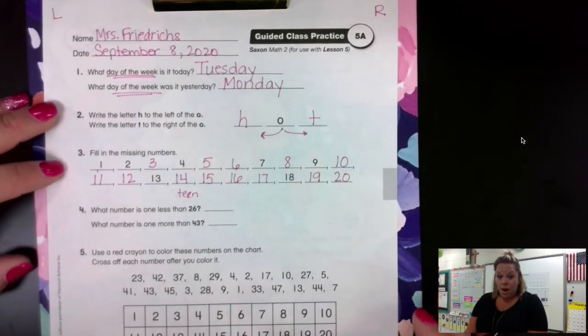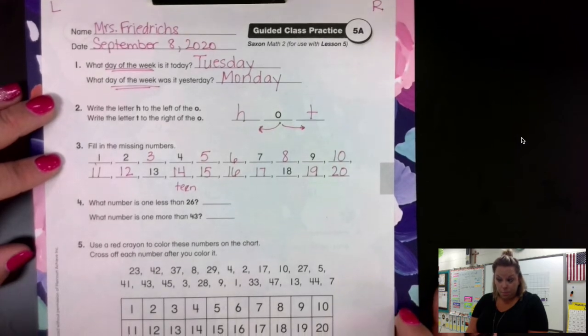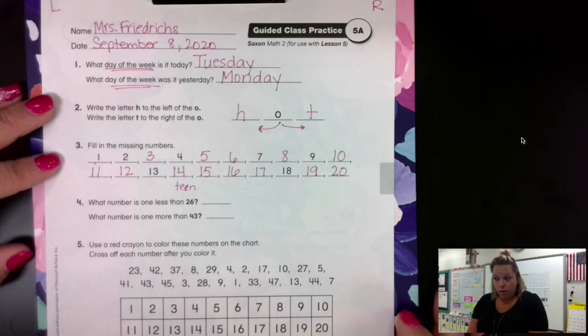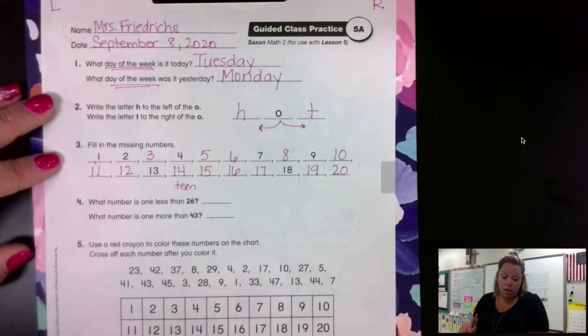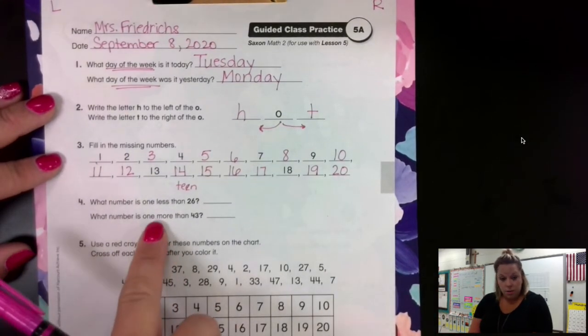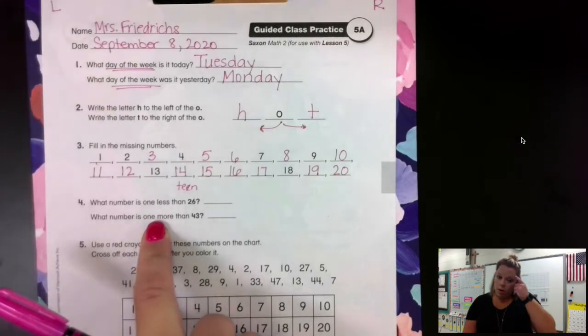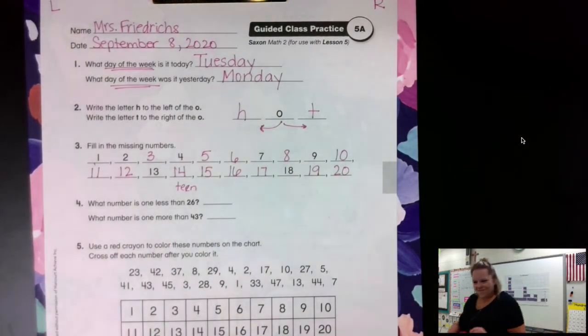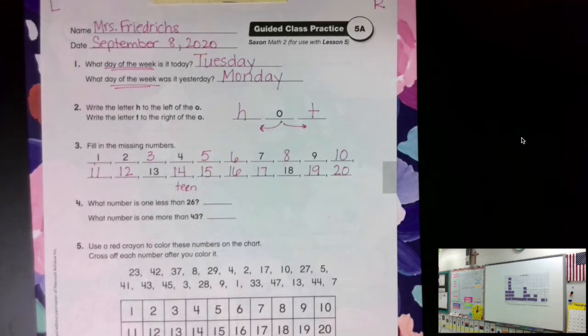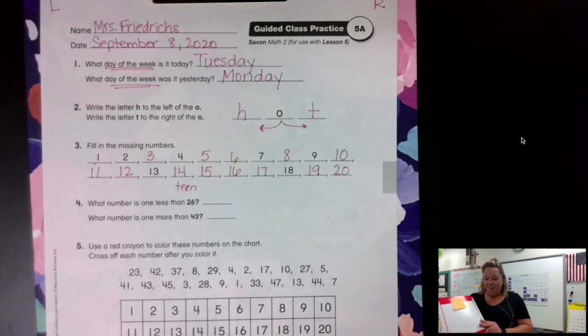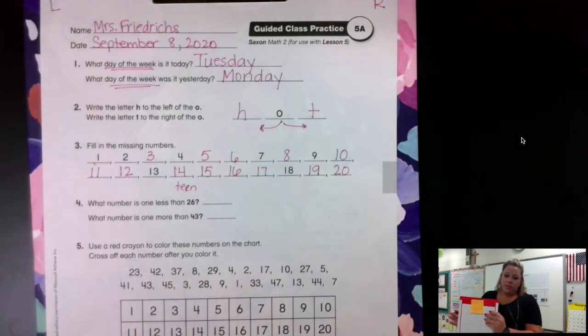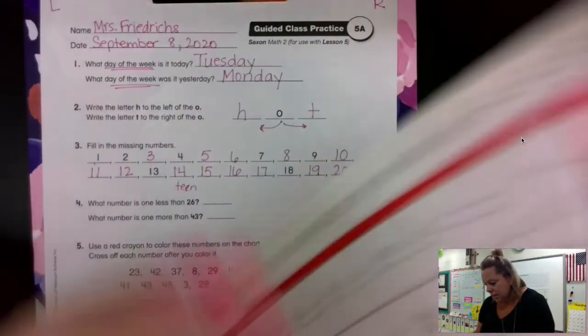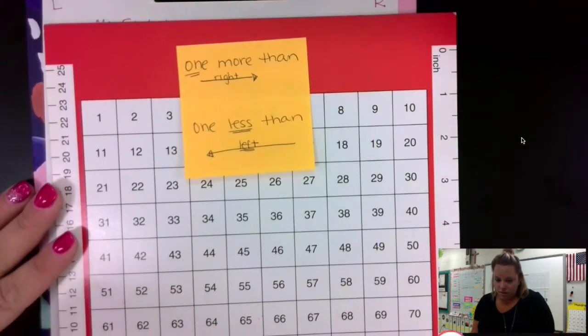Okay, now, if you need to, you can go ahead and grab your math folder, and your math folder will help you with this problem. If you don't need it and you already have it in your brain, that's just great. I'm gonna grab it though to show you. See, I grabbed mine. I even have a little note on my paper. It says one more than and one less than.